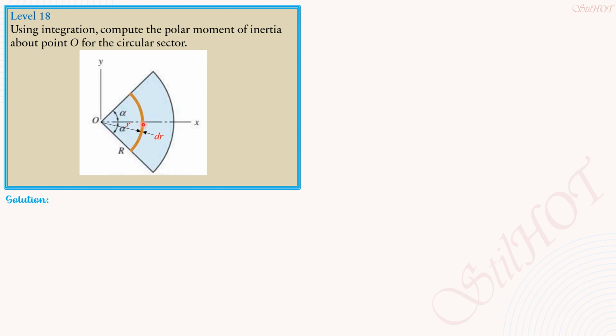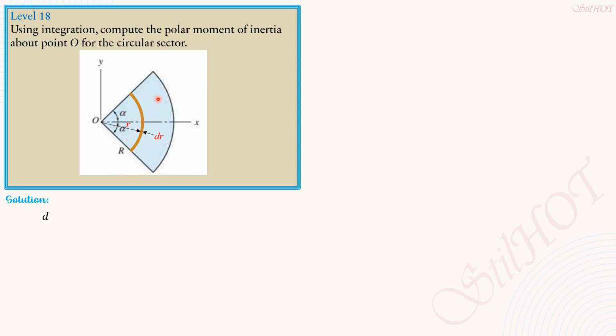Now the differential area is the area of this circular strip, which is just the length of the strip times thickness differential r. The length of the strip from plane geometry is equal to the radius of the arc times the central angle in radians, and the central angle is 2 alpha.